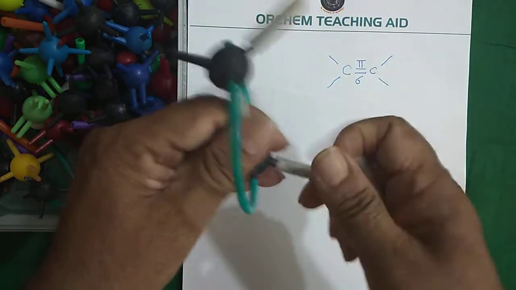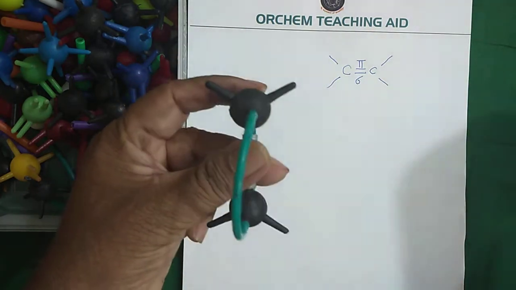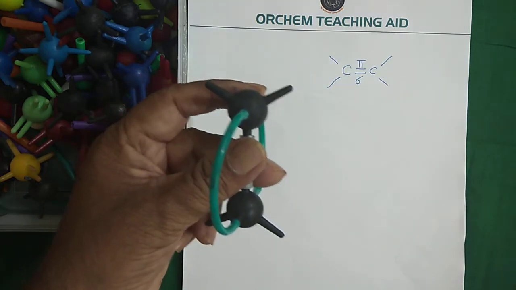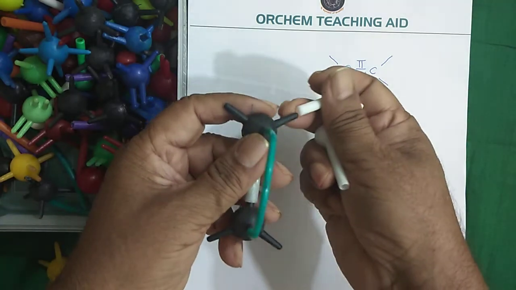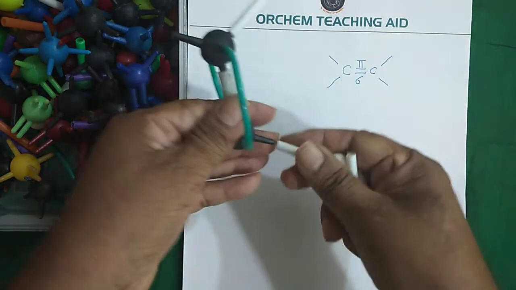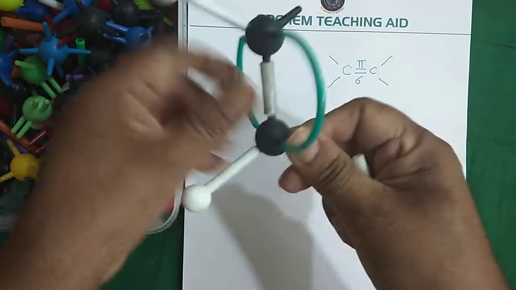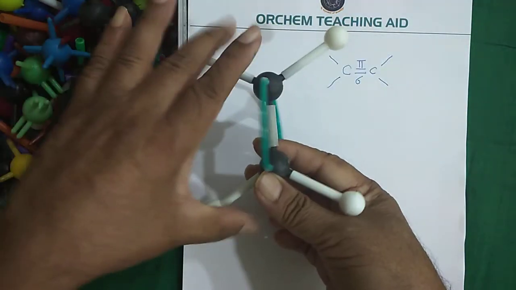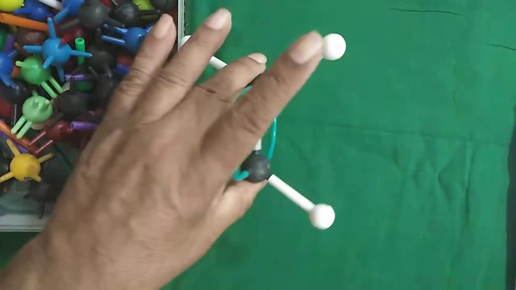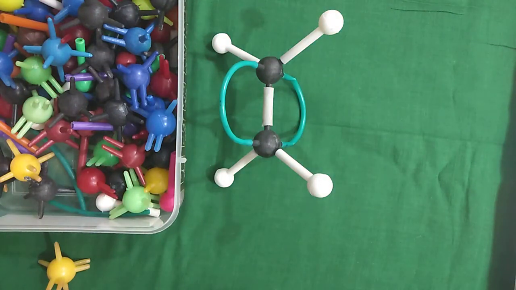The remaining four sp2 hybrid orbitals of carbon atom A and carbon atom B, containing one unpaired electron each with opposite spin, align themselves properly with the s orbitals of 4 hydrogen atoms containing one unpaired electron each, overlap axially and give formation of the ethylene molecule.